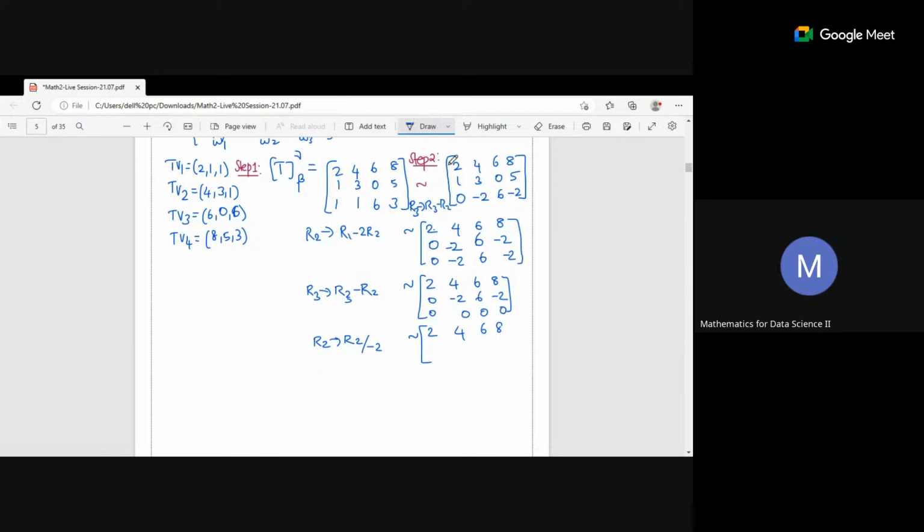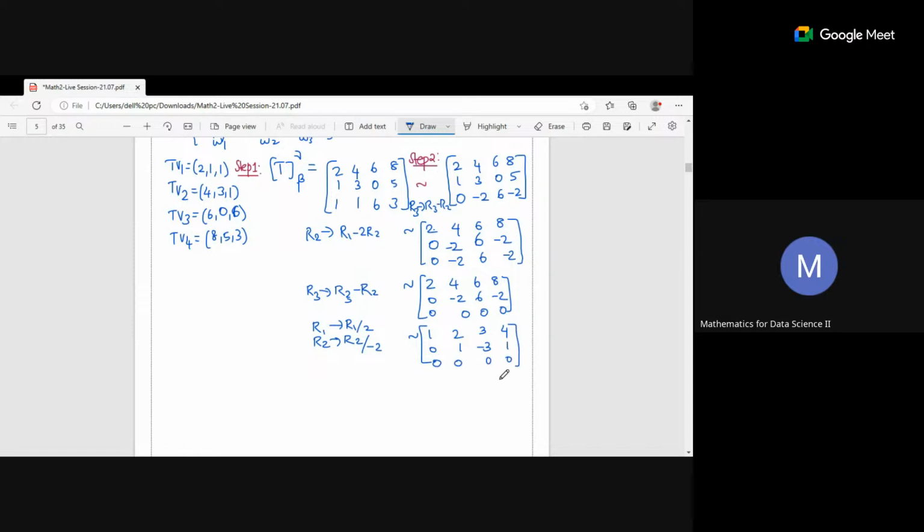Also you can divide R1 simultaneously here, since we are not using other rows. So at the same step I can do R1 by 2 and R2 by minus 2. So 1 2 3 4, 0 1 minus 3 1, 0 0 0 0.